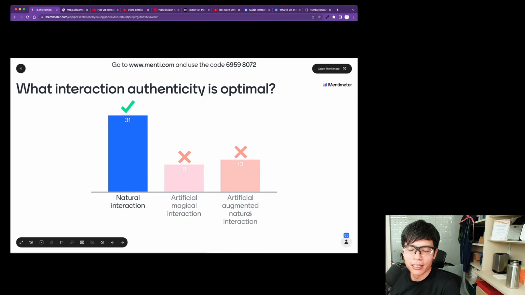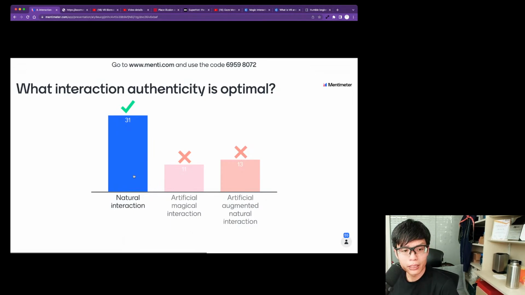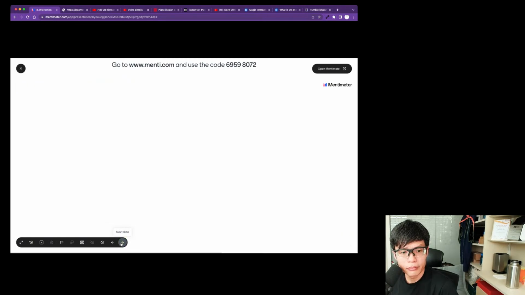So there's also no real need or even motivation to create that kind of interaction. So that's why it should be natural, given the circumstances here. Okay, next question.